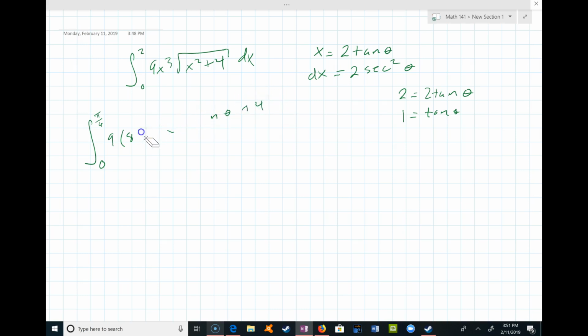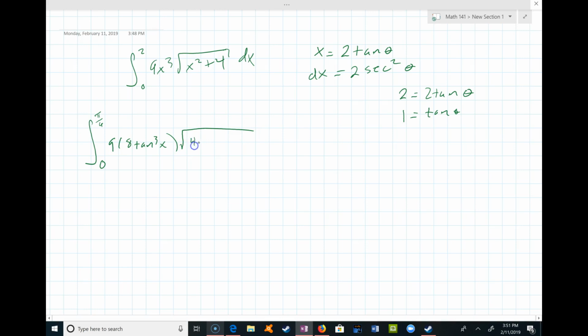Let me start that over again. So this would be 9 times 8 tangent cubed times the square root of 4 tangent squared plus 4. And then dx is going to be replaced with 2 secant squared theta d theta.